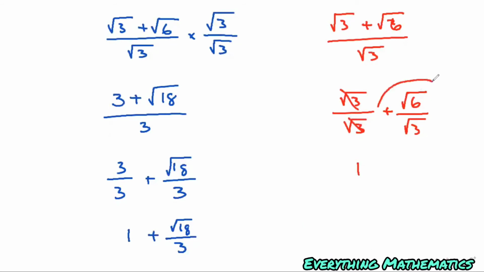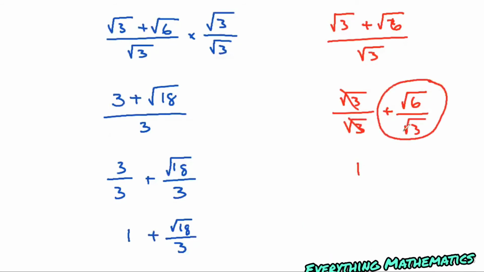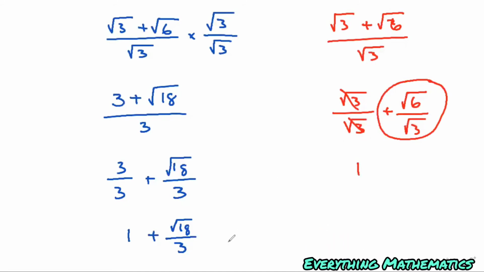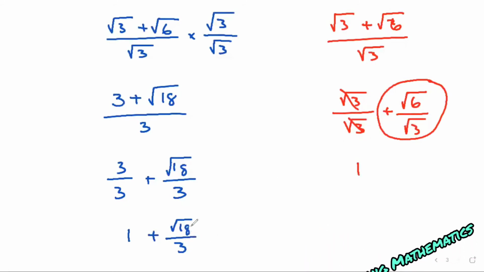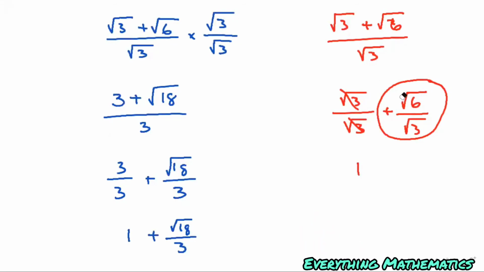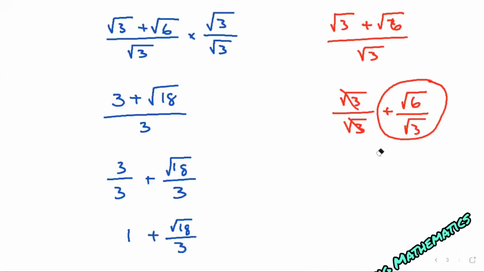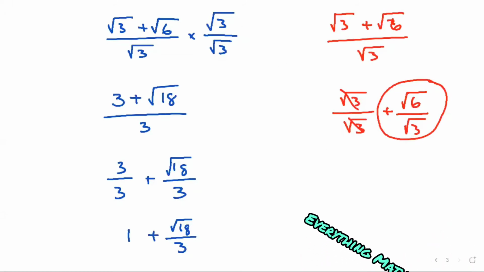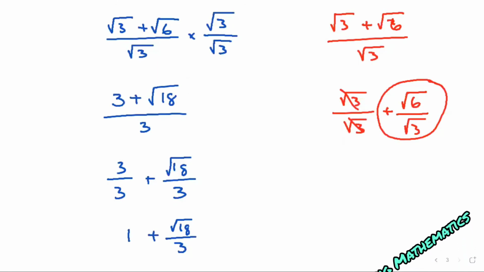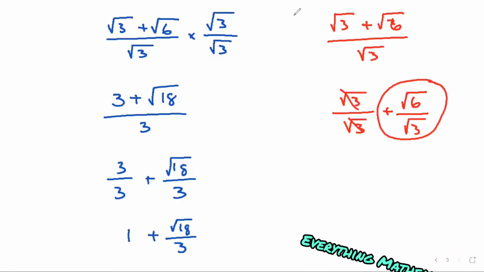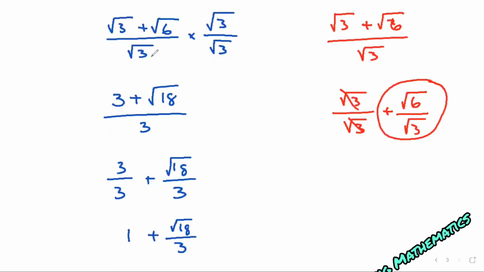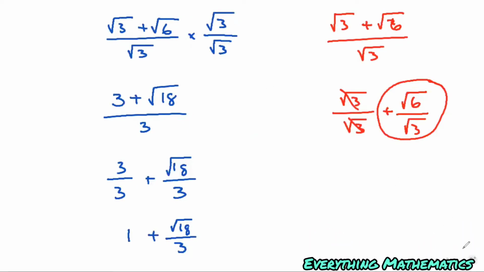But notice we would have still had to rationalize this side because we still have a square root at the bottom, and we would end up with the root 18 over 3 when we divided and multiplied. So that's just food for thought. It would not have saved you the hassle of rationalizing, but perhaps it would have made your life a lot easier in the event that maybe you couldn't see the 3 times that, the 6 times this. So that's just a thought.